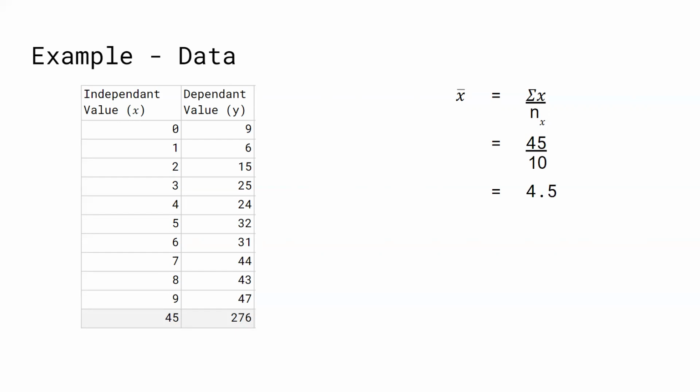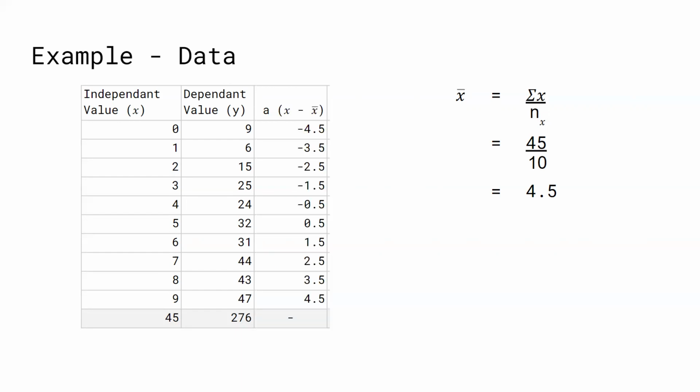And then I'm going to make a third column. In this third column, I'm going to subtract the mean from the original independent value of that row. So in the first row, I'm going to have 0 minus 4.5. In the second row, I'm going to have 1 minus 4.5. And that's going to continue all the way down. And I'm going to label that column A. Now I'm going to do exactly the same thing for my y values.